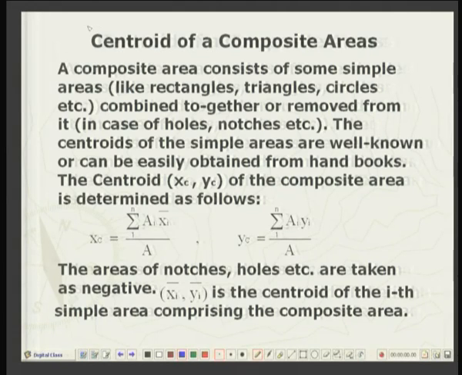Then the x coordinate of the centroid of the composite xc is equal to summation of the individual simple areas times the corresponding x coordinate of the centroid. So, after taking the summation, you divide by the total area. Similarly, for the y coordinates, you take the individual simple area, multiply by the corresponding y coordinate of the centroid, sum over all the areas and divide by the total area.